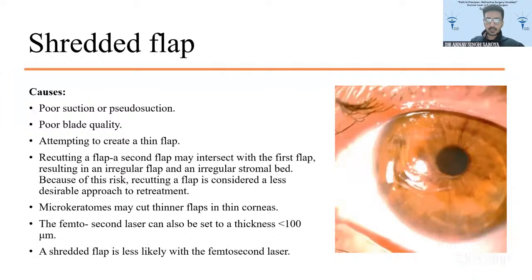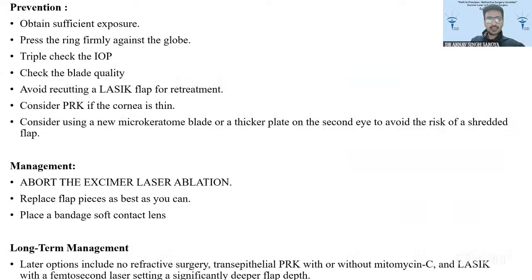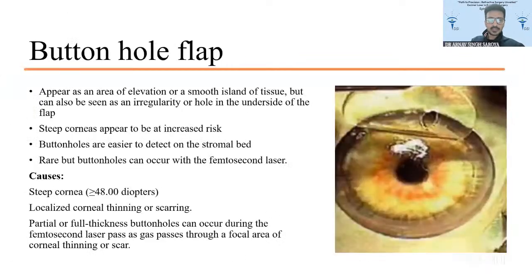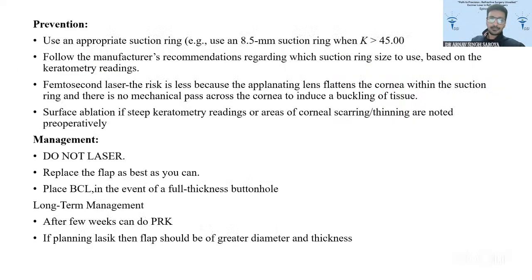Then there are other complications like shredded flap and buttonhole flap, which is very commonly seen in steeper corneas, and rare, but buttonholes can occur with femtosecond lasers as well. Steep corneas of more than 48 diopters, localized thinning or scarring, partial or full thickness buttonholes can occur during the femtosecond laser pass or if the gas passes through a focal area.